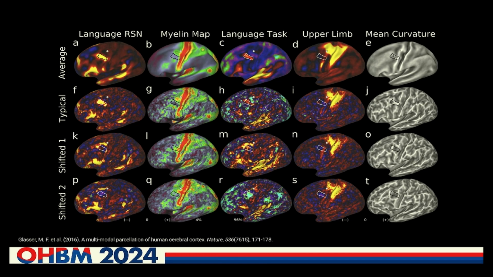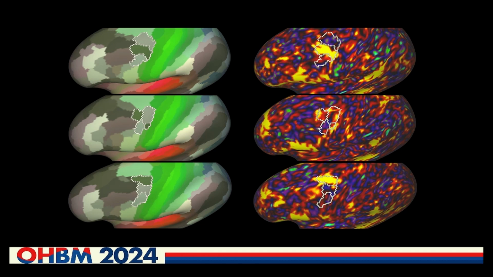If you're using a group average, where this white line is, that will incorrectly assume this area is 55B, so at an individual level there'll be misalignments. And so parcellation is a very good tool, if you do it accurately, to get better correspondence across individuals where we think there might be topology-breaking variation between individuals.